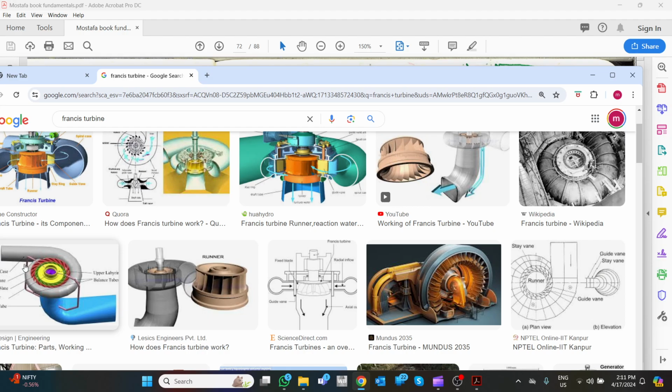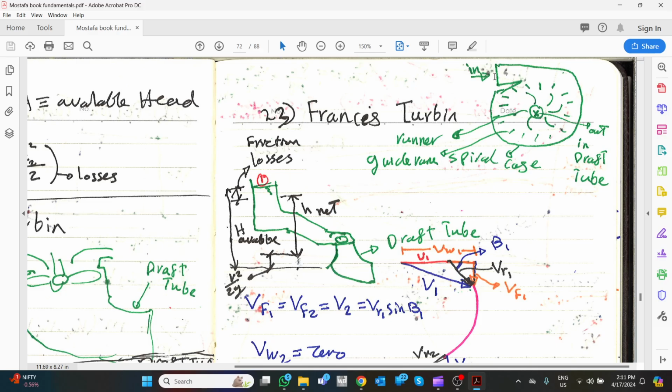Sorry, the water enters from here, not from the middle. I was discussing the pump. By the way, the centrifugal pump is the opposite case of this one, but without the guiding vanes. So you have a very large volute case or helical case, which is big, then gets reduced.